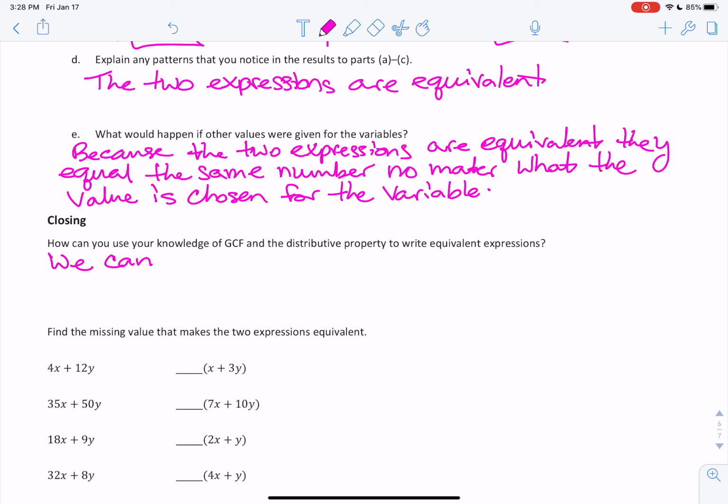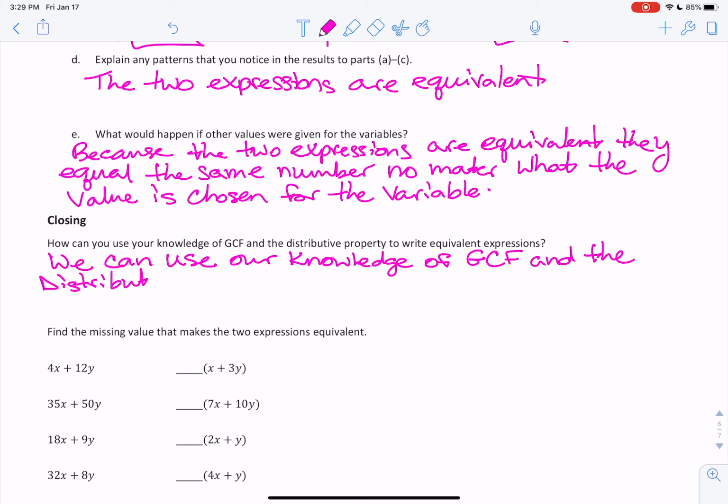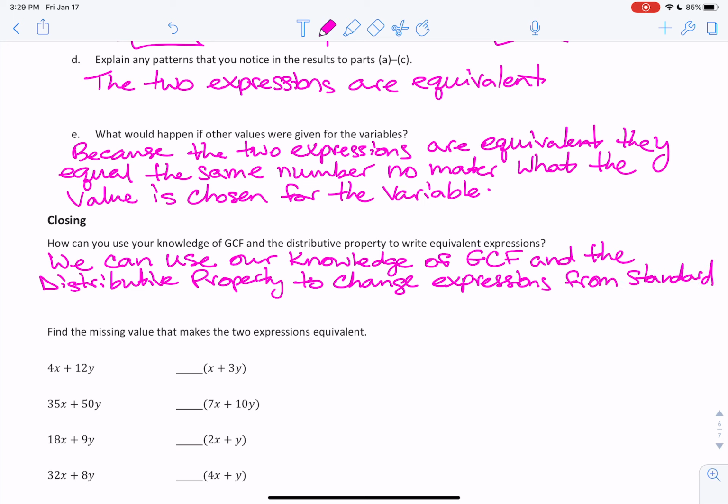We can use our knowledge of the greatest common factor and the distributive property to change expressions from standard form and factored form.